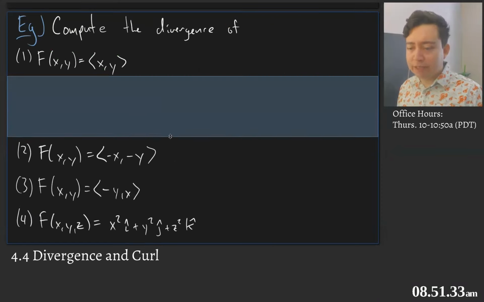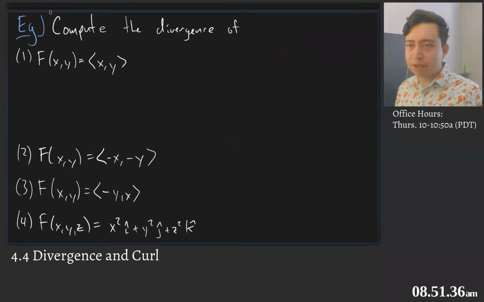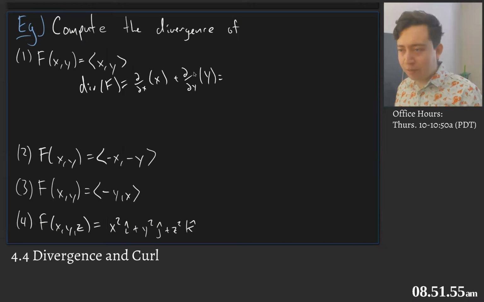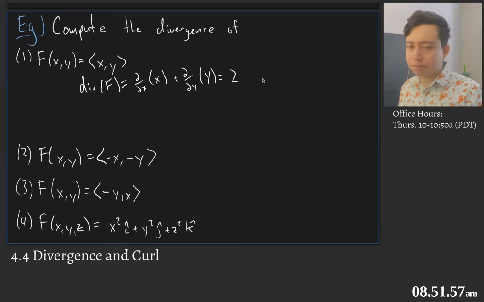So if I take the divergence of f of this first one, the divergence of f is going to be d/dx of x, and then d/dy of y.